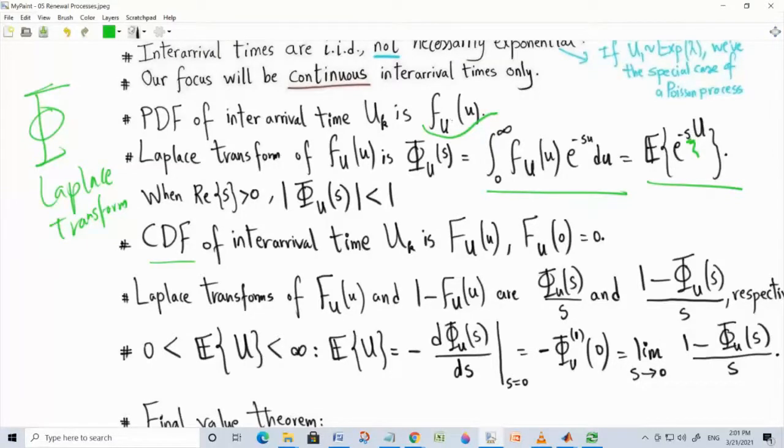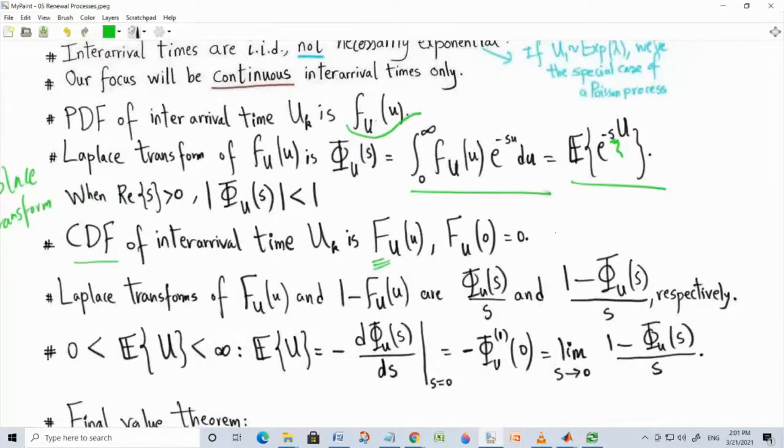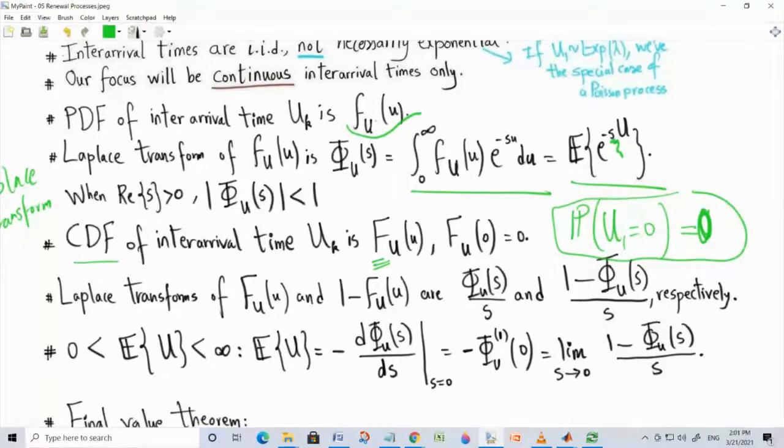The CDF corresponding to the PDF is denoted by big F, and we will assume that F_U of 0 is 0. In other words, we assume that the probability that the interarrival time is equal to 0 is equal to 0. So the interarrival time being 0 happens with probability 0. By doing this, we are prohibiting simultaneous arrivals.